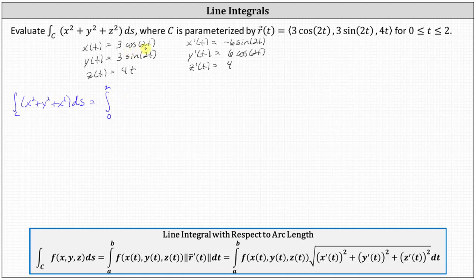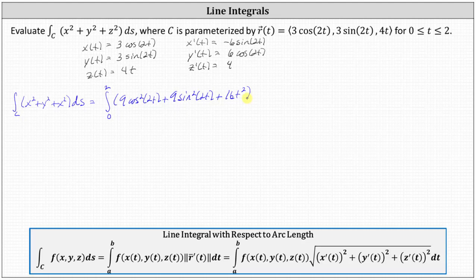If x equals 3 cosine 2t, x squared is equal to 9 cosine squared 2t, plus if y is equal to 3 sine 2t, y squared is equal to 9 sine squared 2t, plus if z is equal to 4t, z squared is equal to 16t squared.